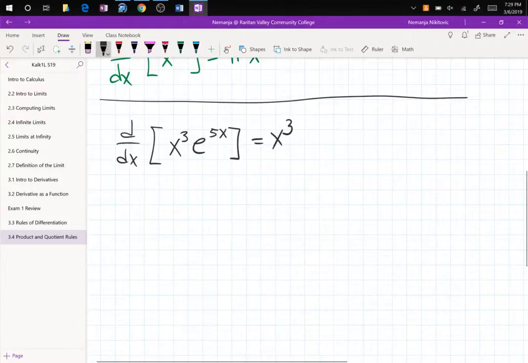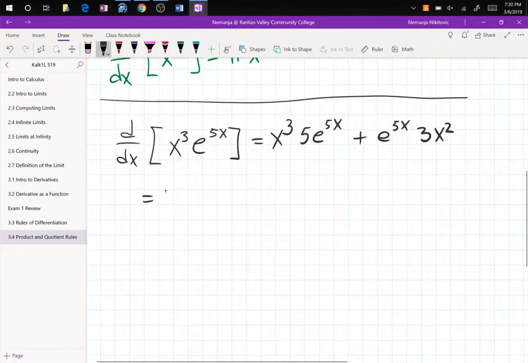Copy the first, derivative of the second, plus copy the second times derivative of the first. Please remember that you are supposed to factor these.